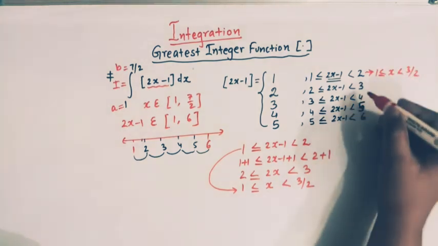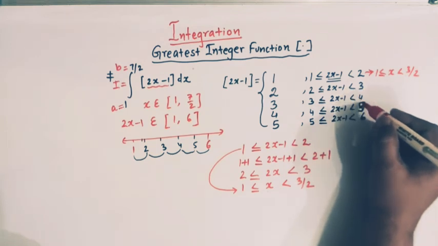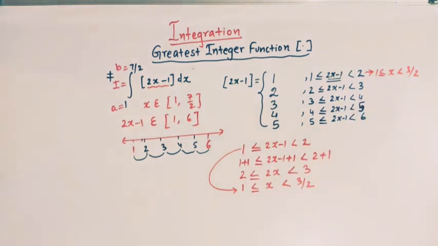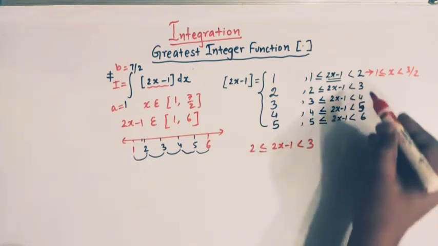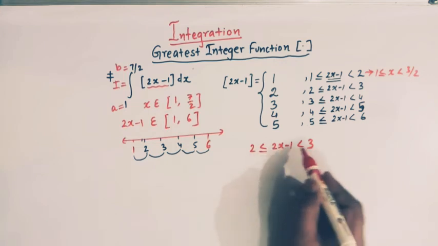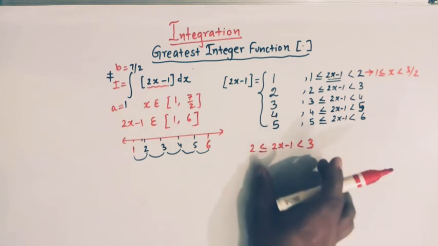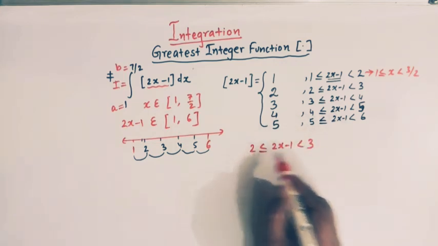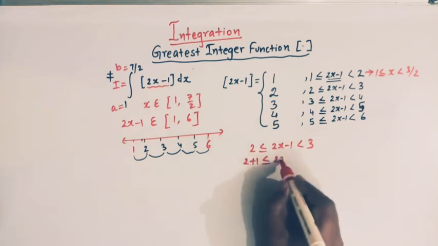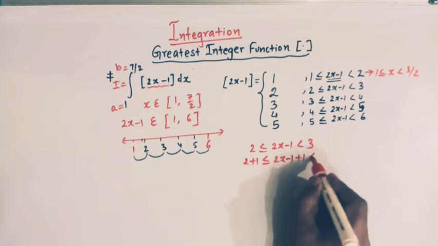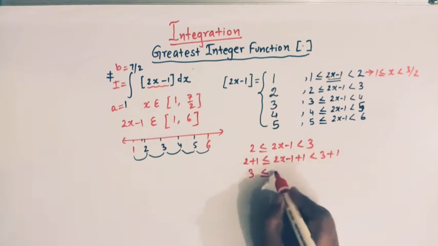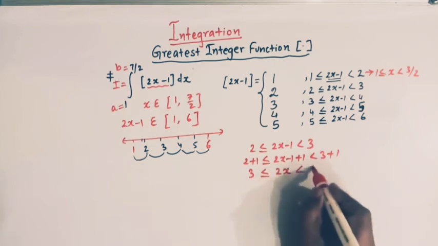Similarly, we'll solve these 4 inequalities in terms of x. Here we have the second inequality, 2 less than or equal to 2x minus 1 less than 3, and let us solve it. Adding 1 throughout, here we have 2 plus 1, which is 3, here 2x minus 1 plus 1, which is 2x, and here 3 plus 1, which is 4.